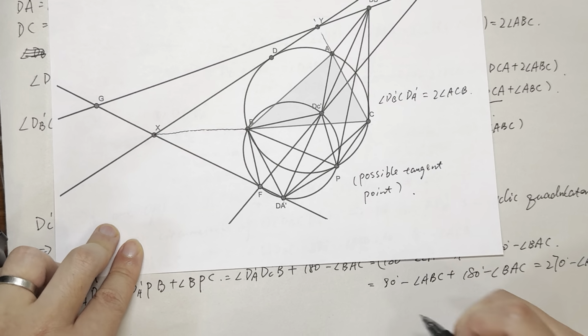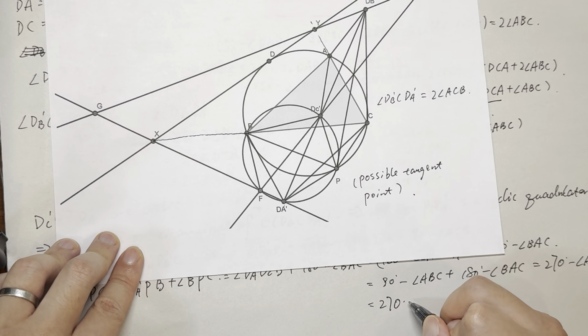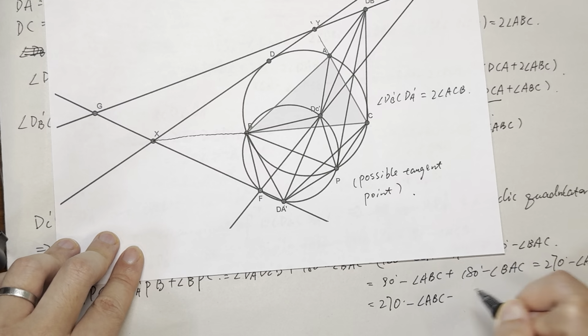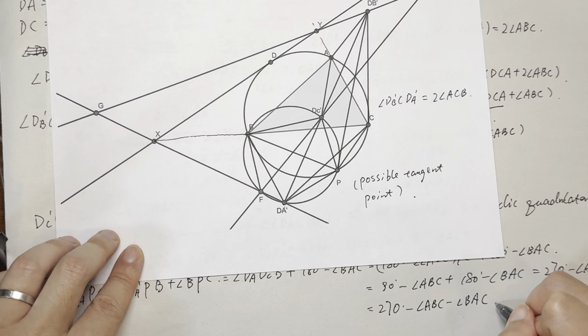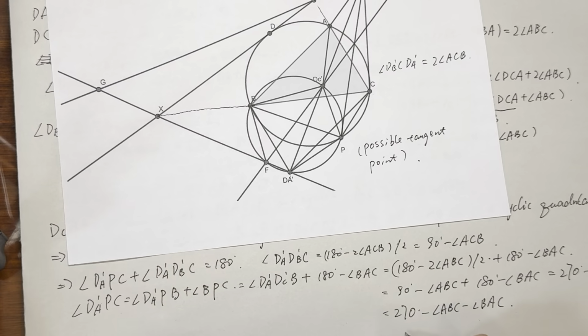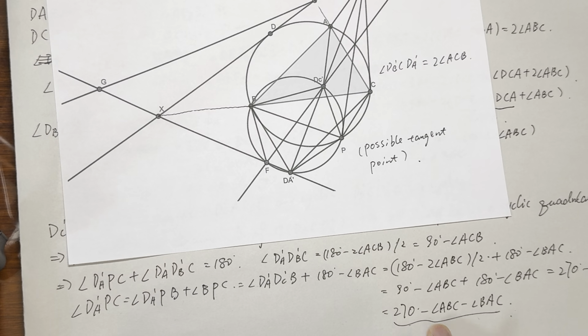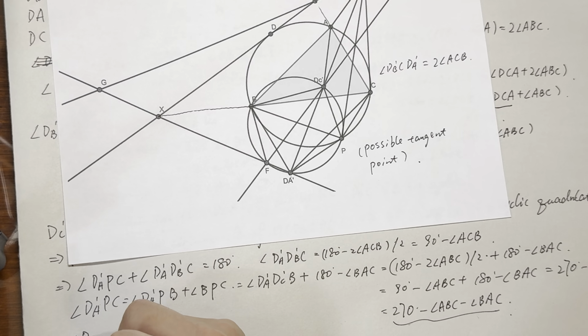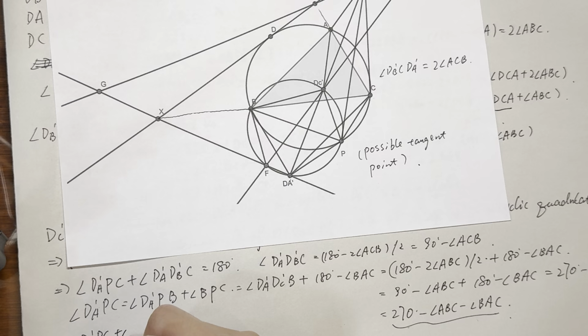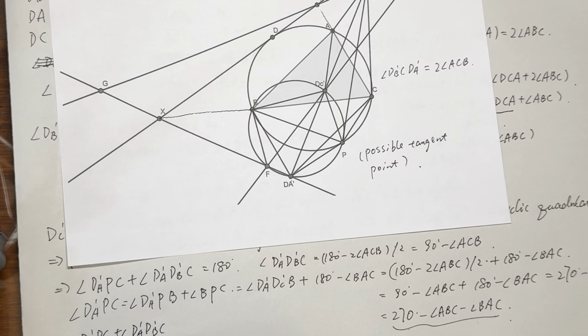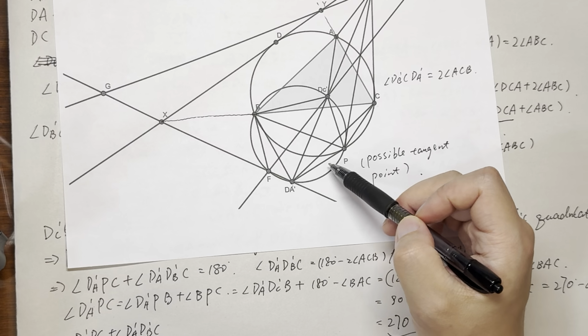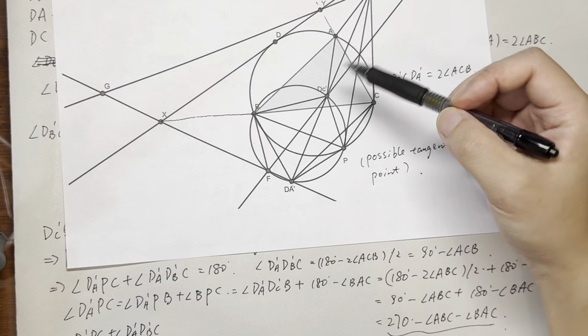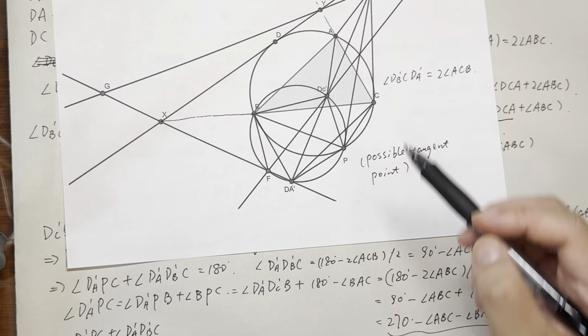Oh, let me write it here. Now let's look at this angle sum, the angle dA' PC plus angle dA' dB' C. We want to prove that it equals 180 degrees.